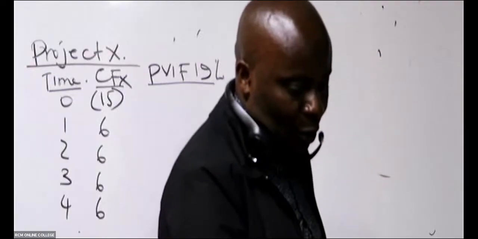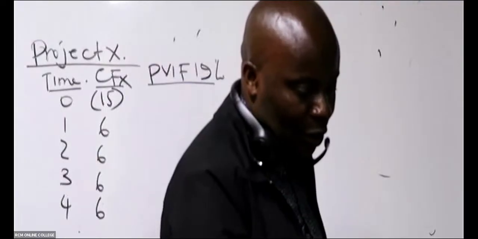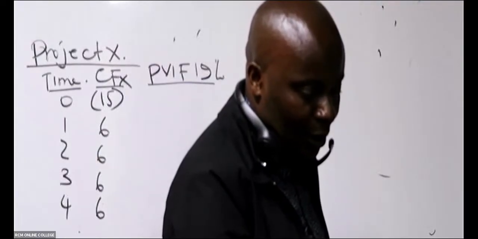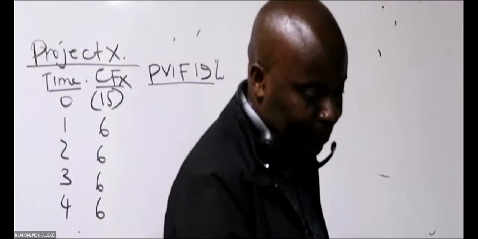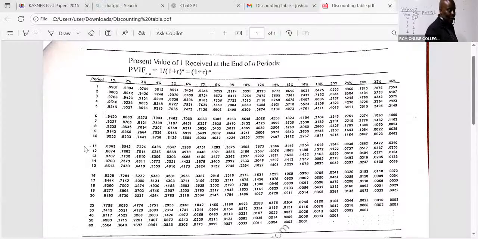So we have our table. Before I even recall the formula, I always ask myself whether the rate is in the discounting table. We have 14, 15, 16, 18, and then they skip to 20, so 19% is not there.